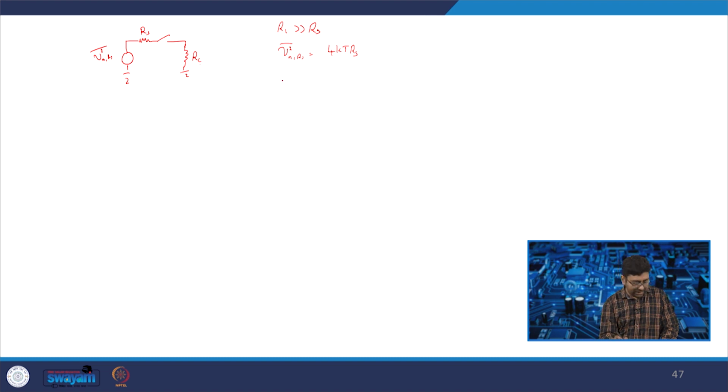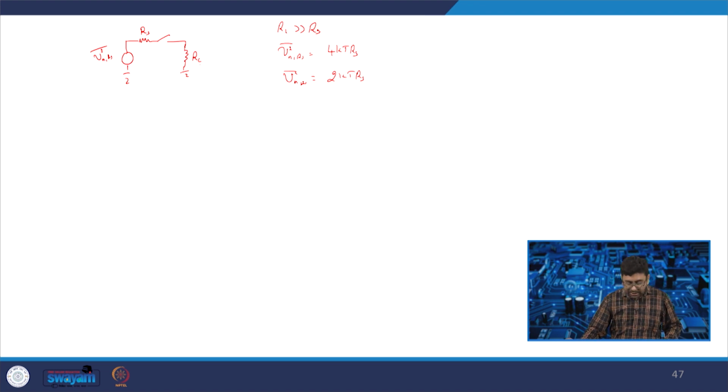So we can consider the noise contribution of Rs in the mixer to be 2 kT Rs. Here the single sideband noise is given by 2 kT Rs.